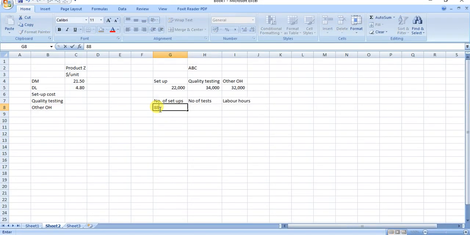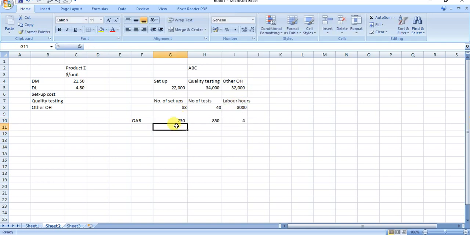Number of tests is given 40. Labor hours is also given 8,000. So we'll get the OAR for each activity. 22,000 divided by 88. 34,000 divided by 40. 32,000 divided by 8,000.